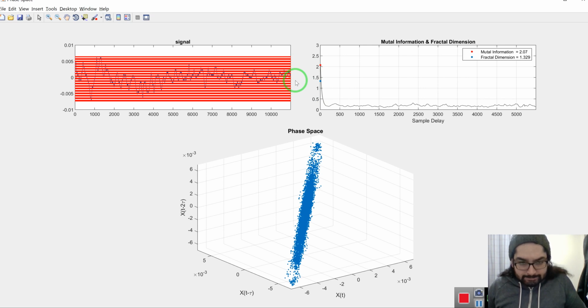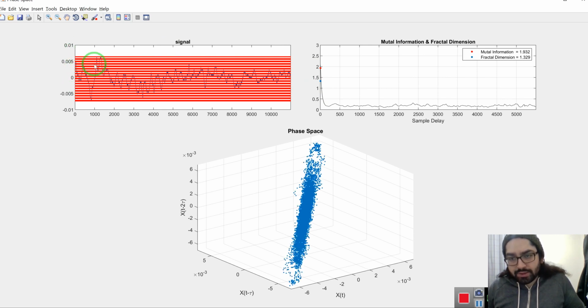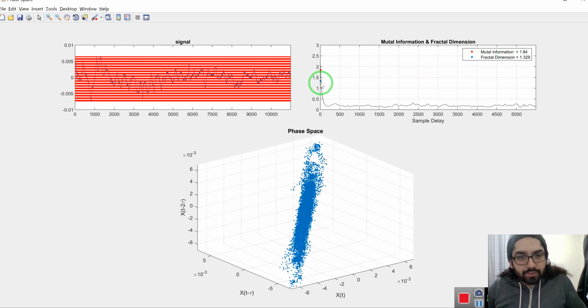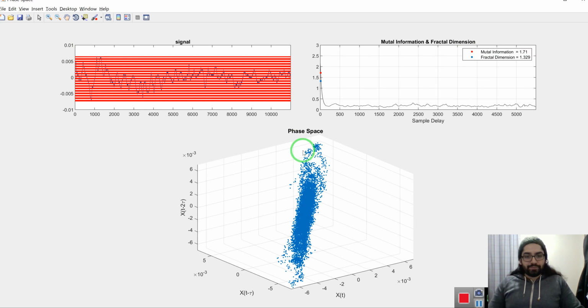And here we have its signal. It's the lag, as you will see, and here we have the fractal dimension for each lag and also the mutual information that reconstructs the phase space.